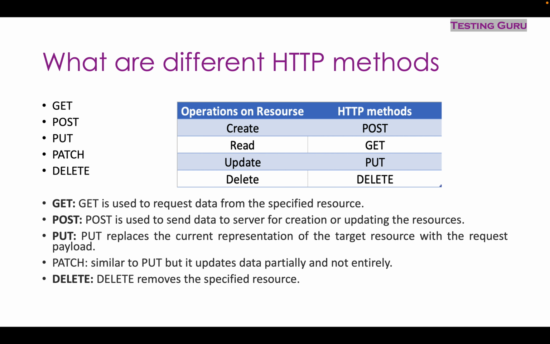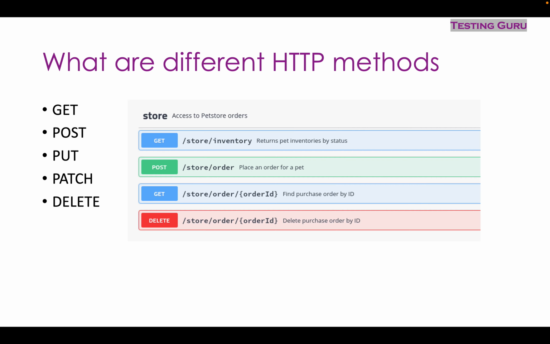And we also have another method which is the delete method, which deletes the record from the server. So when we send a delete request, we don't delete all the records completely. We usually send a specific delete. See here, you can see we are giving an order ID as part of the delete request.